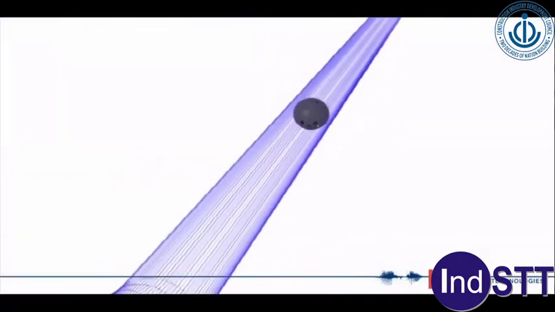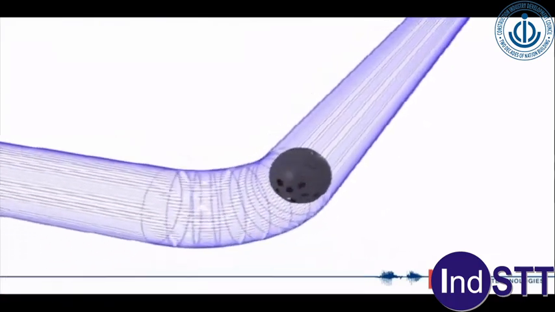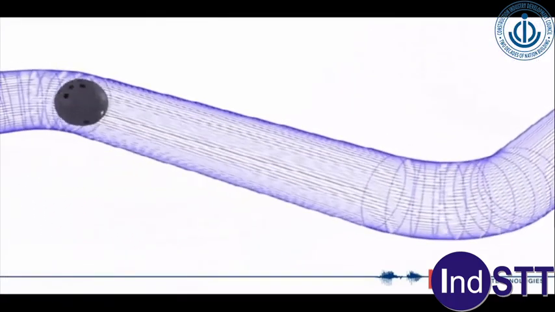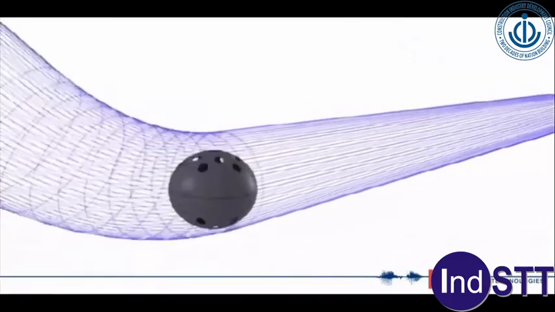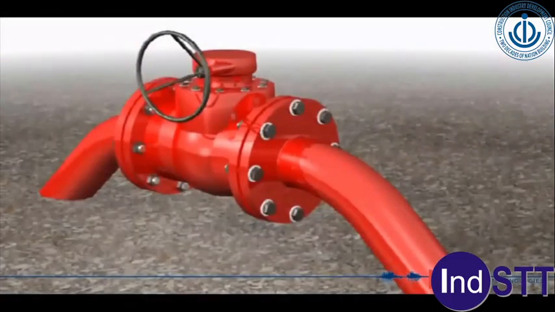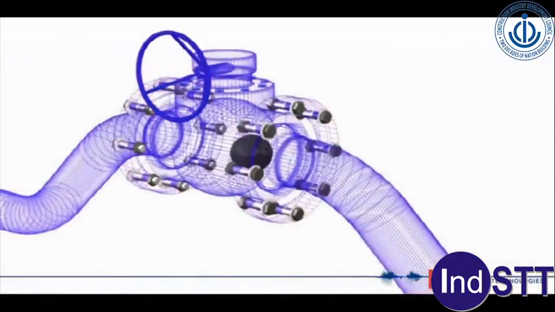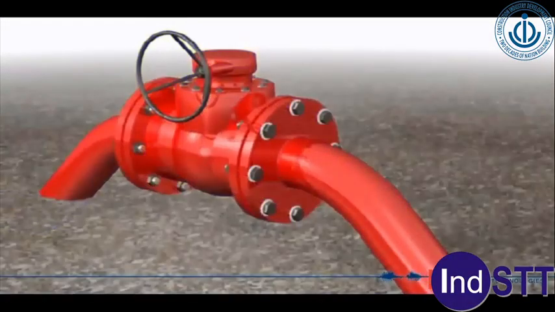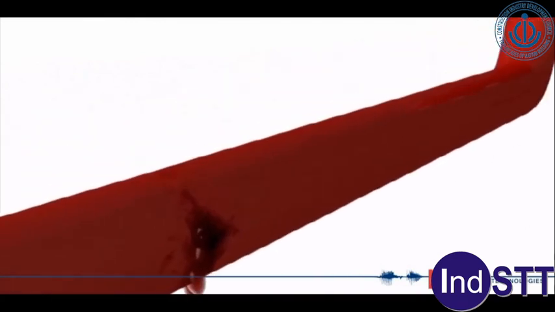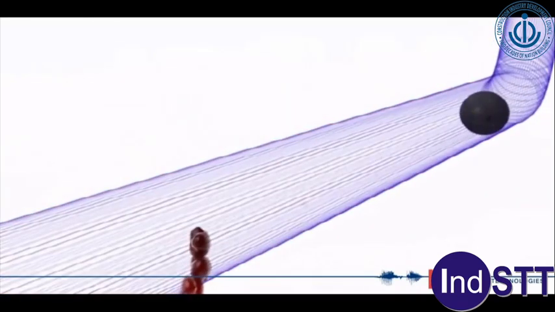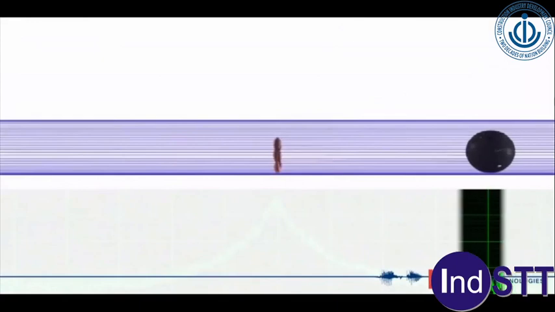Since Smart Ball isn't a full-bore tool, it can easily navigate any bends within the line. Smart Ball can be tracked using surface mount sensors, typically placed on block or check valves, as well as using above-ground markers placed at selected surveyed points. As the Smart Ball navigates the line, it continuously records acoustic data. As it approaches a leak, a very distinct noise signature can be heard.